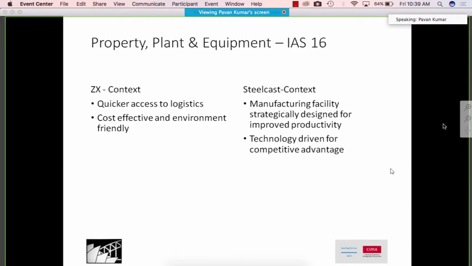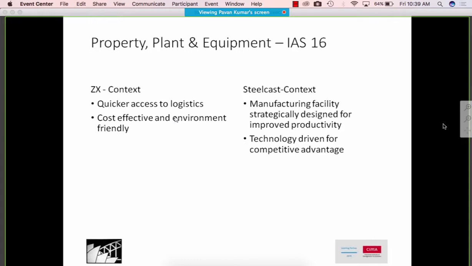Now let us look at property, plant and equipment. In a ZX context, operationally, the manufacturing location has been laid out where they have quicker access to logistics.